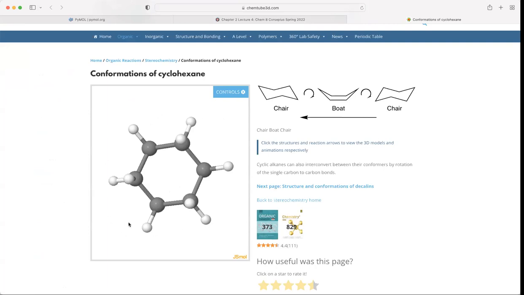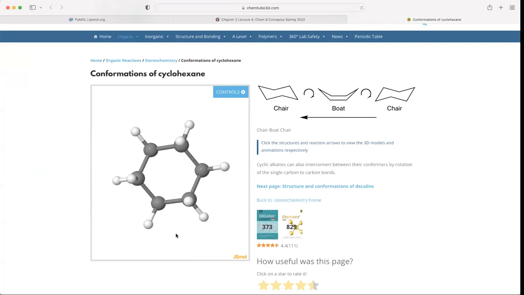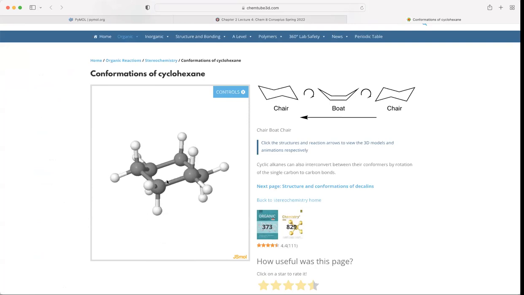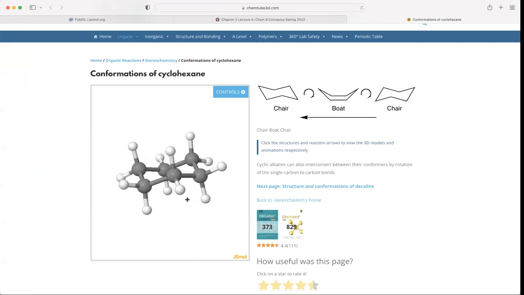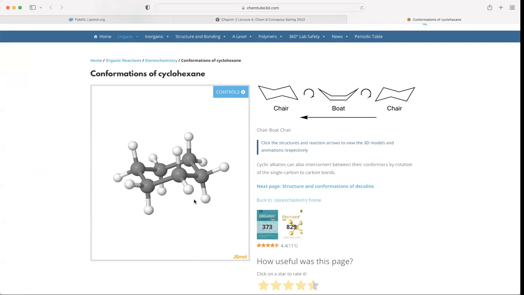Right, so here's the cyclohexane that we're used to looking at, the hexagon. And if we flip it on its side, we can start to see what that model was telling us, right? So again, every other carbon is pointed up, and then every other carbon sits lower down.